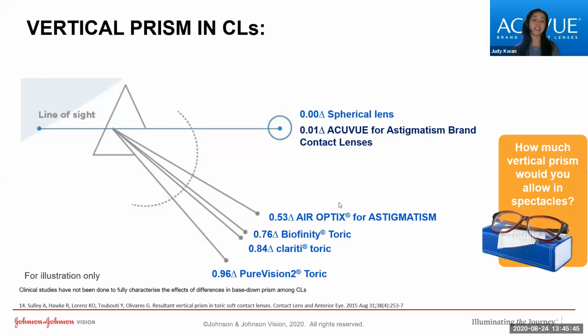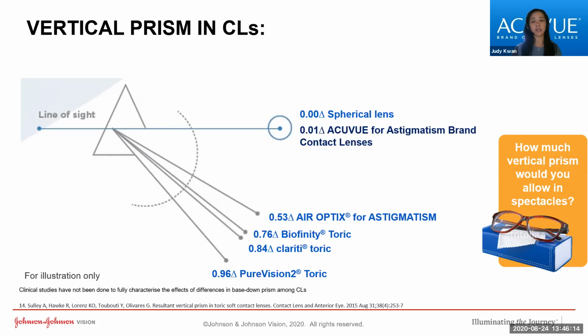And so when you think about our monocular astigmatic patients, so those patients who are wearing a sphere in one eye and a toric in the other, this is where having unintentionally induced 1 prism base down in their eye between the 2 eyes could actually lead to some symptoms such as potentially feeling that it's not quite right in their vision, or even double vision in some cases.